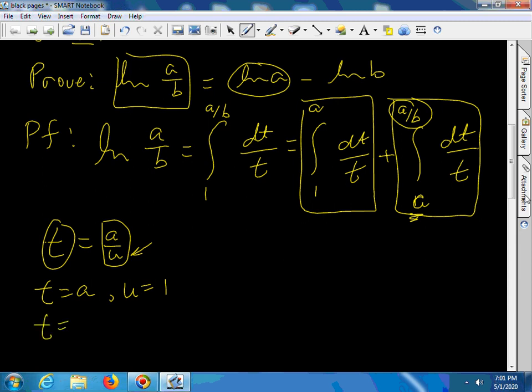And this here is the same as a u to the negative 1. So then dt will be negative a u to the negative 2 du.